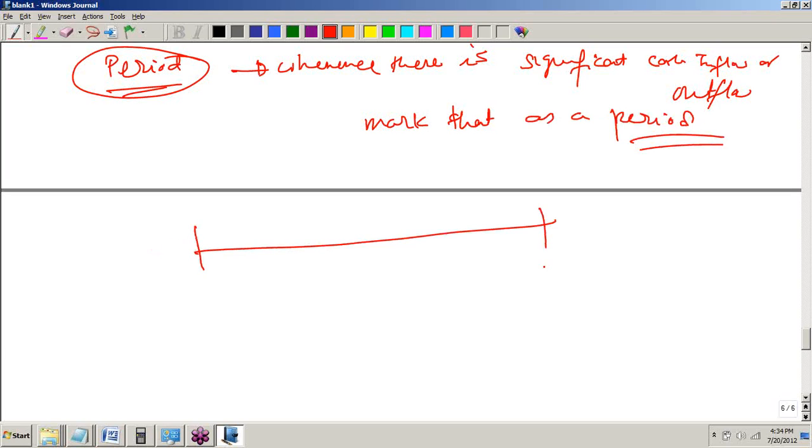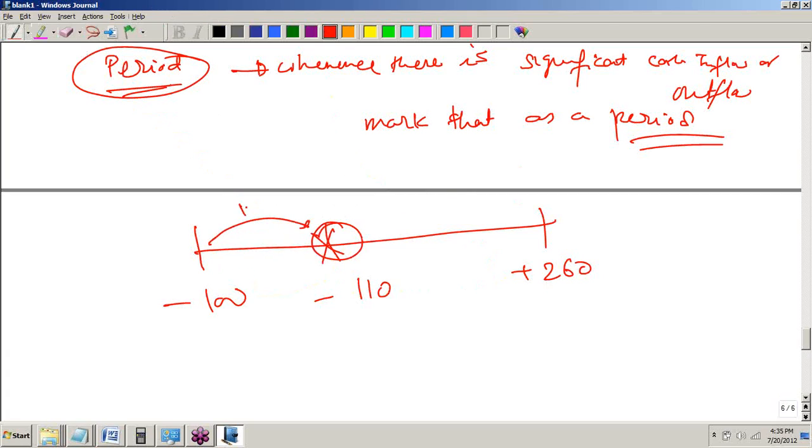Here, this was 100, this was 110, and here it was 260. So this cash flow was significant. If you had, let's say, a cash flow of 5 over here, you could have avoided it because it is not significant. That depends, but typically we'll see how the industry solves this problem.